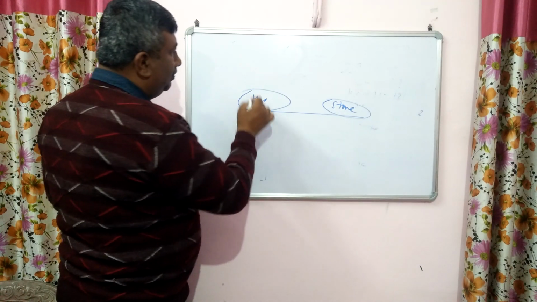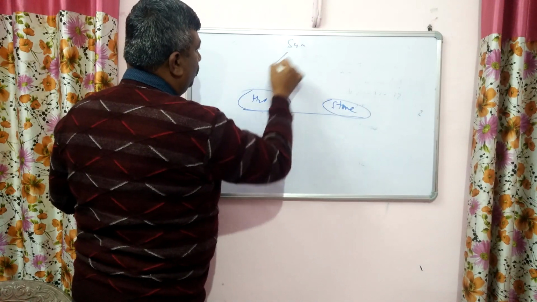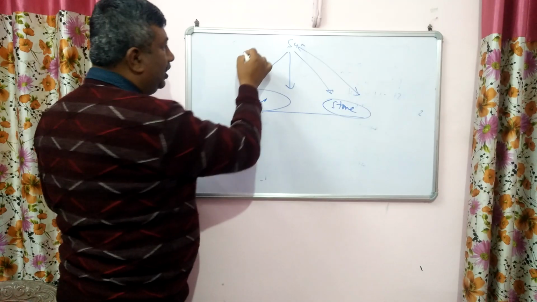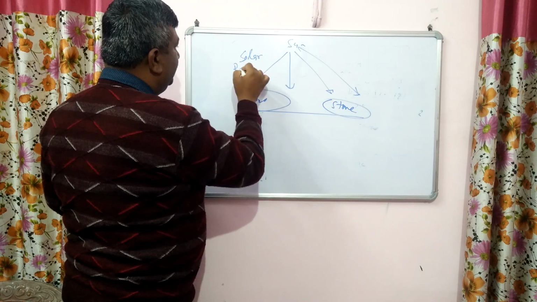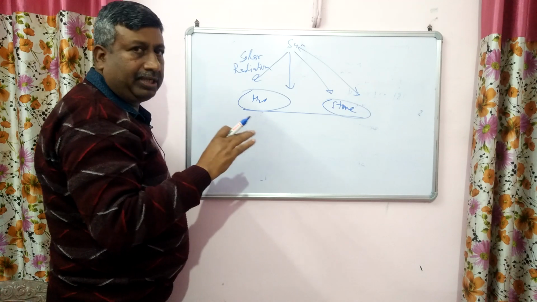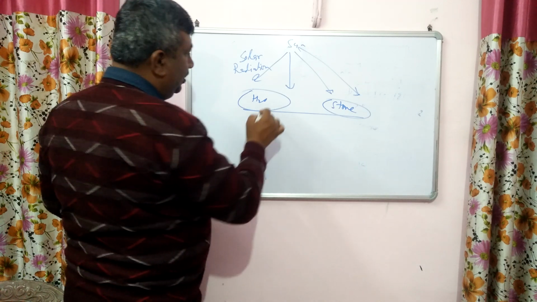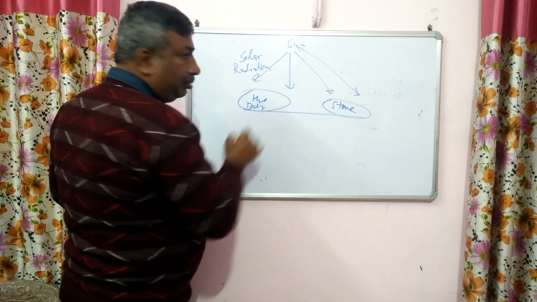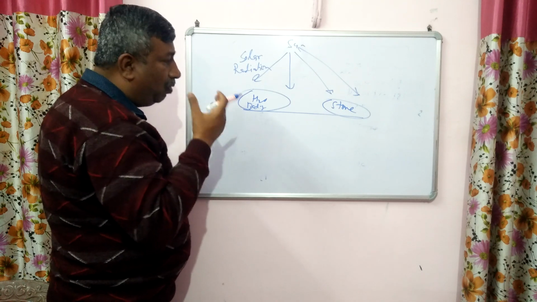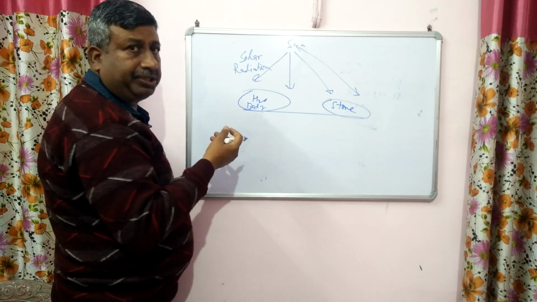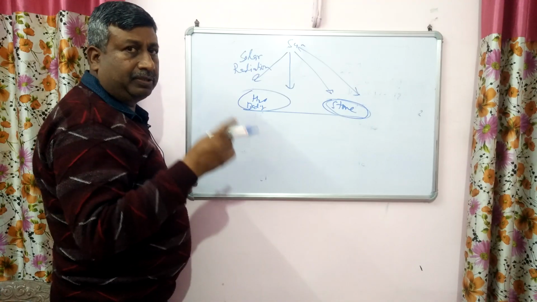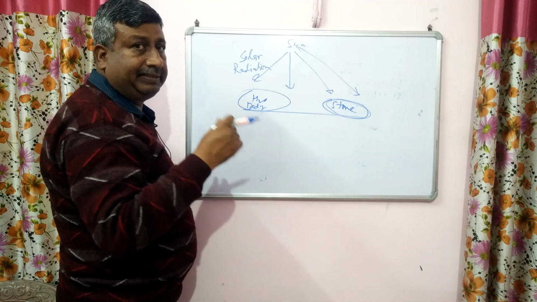Now solar radiation is there, sun is there, and the amount is the same. If we talk about solar radiation, there is no difference in the amount of solar radiation in a location. We are talking about a small distance location and this water body. Because of this, the water body will absorb more heat, more solar radiation to increase its temperature, while stone will require only a small amount of heat to increase its temperature.